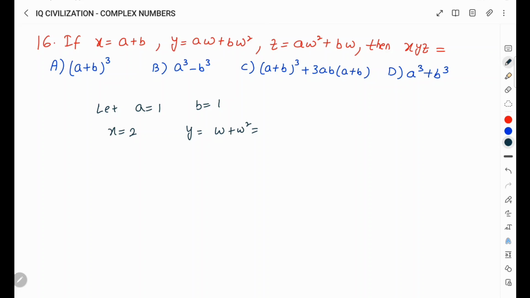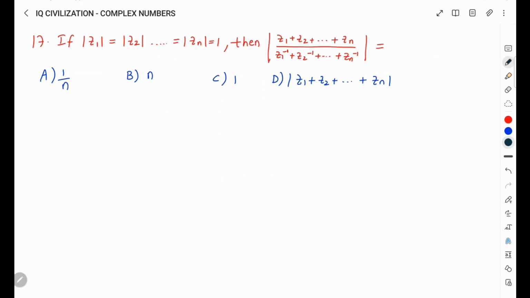We know the cube roots of unity. Omega plus omega square is minus 1, and z becomes omega square plus omega, that is minus 1. Okay, so we write the value of x into y into z. xyz, that is 2. Okay, next.